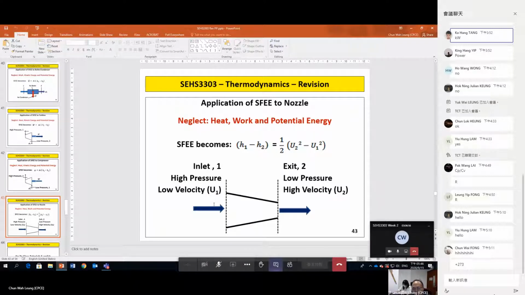So therefore, they are not equal in that case, because the left-hand side change of enthalpy is 1,000 times bigger than the right-hand side. So in applying the steady flow energy equation to a nozzle, this is something you need to pay attention to.